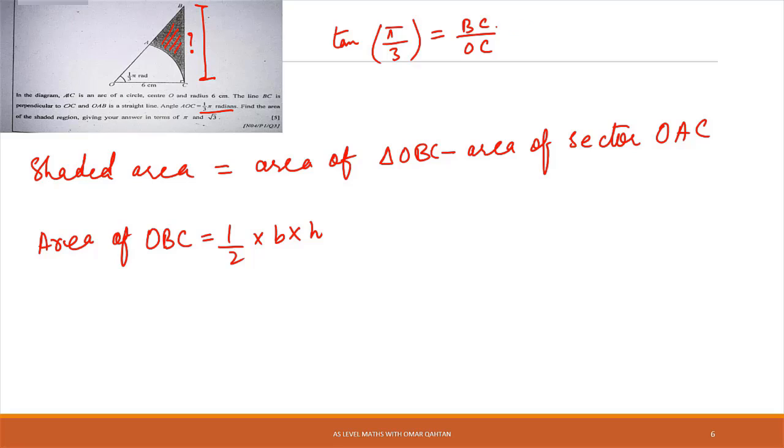So BC is unknown, and this OC is 6, and tan of pi upon 3 is root of 3. So BC will be equals to 6 root 3.